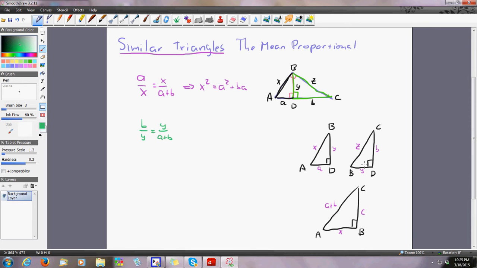Do I? Oh, I'm sorry, that's not supposed to be y. Whew, got a little confused there for a second. I get b over, it's supposed to be z. Alright, so I get my altitude over my hypotenuse.